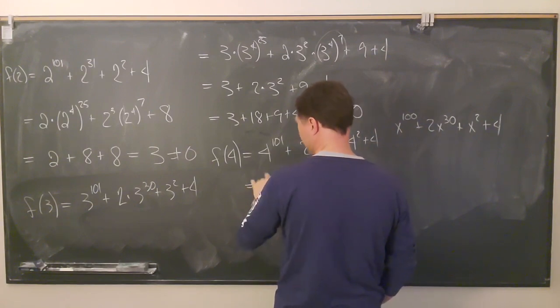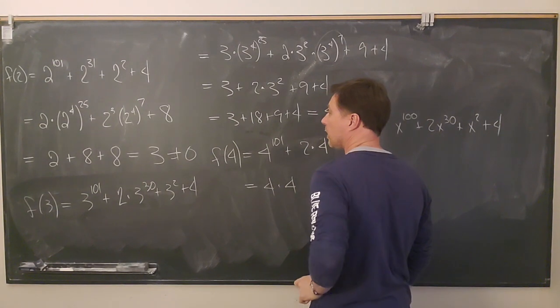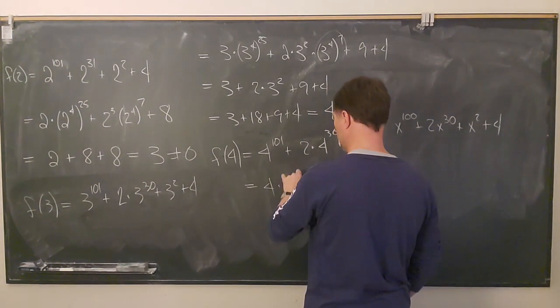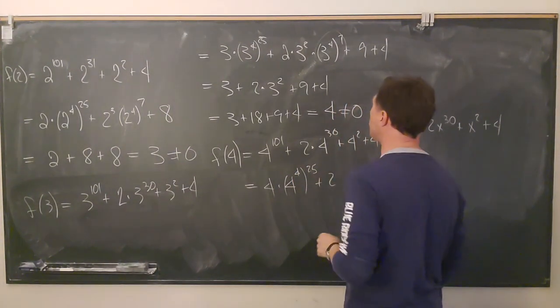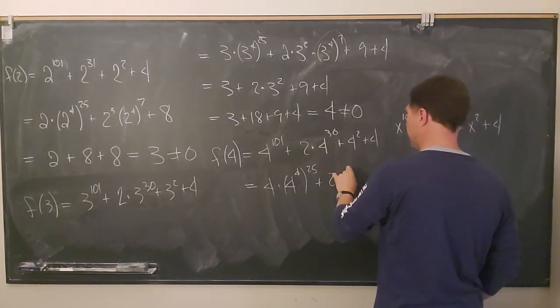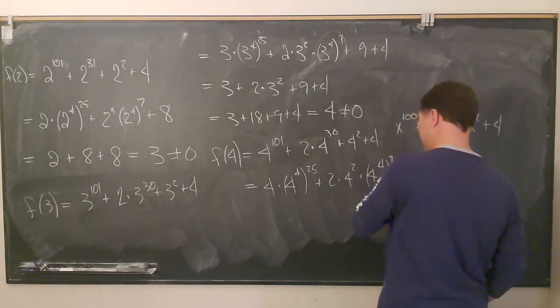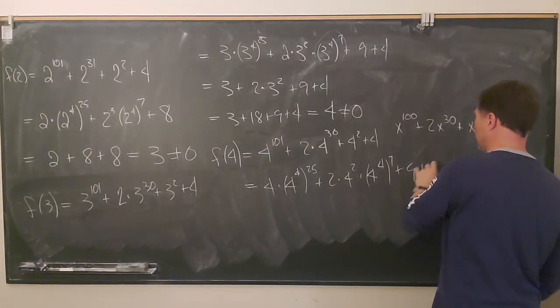So we're just going to do the same thing here. 4 times 4 raised to the 4 to the 4th to the 25th, plus 2 times 4 squared times 4 to the 4th to the 7th, plus 9 plus 4.